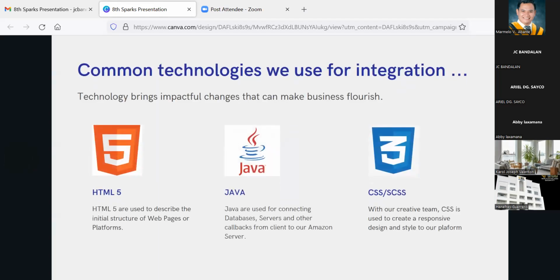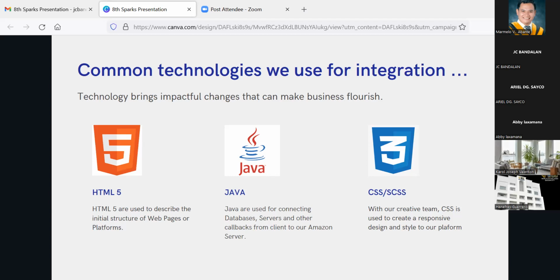These are the common software languages that we use. So HTML5 is used to describe the initial structure of web pages or platforms. While on the other hand, Java is used for connecting databases, servers, and other callbacks from clients to our Amazon server, because at the moment we are subscribed to AWS, Amazon Web Services. So Java is what we use there.